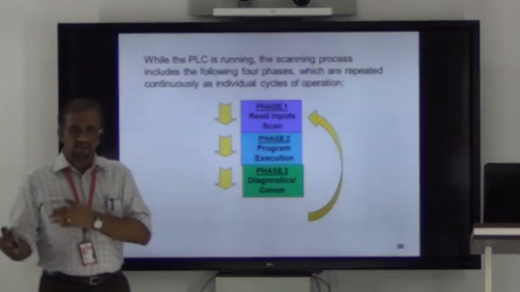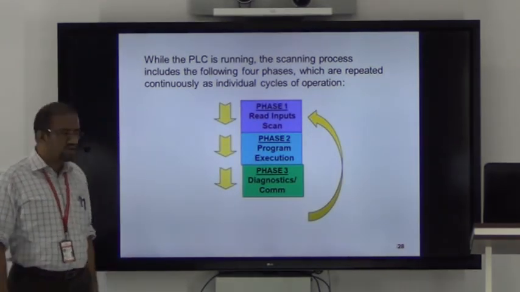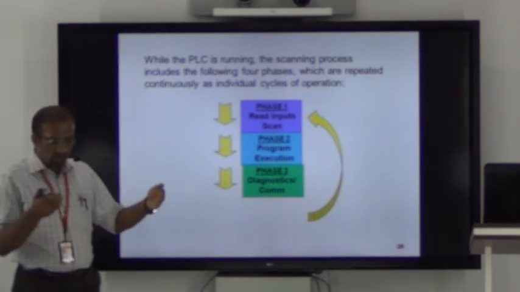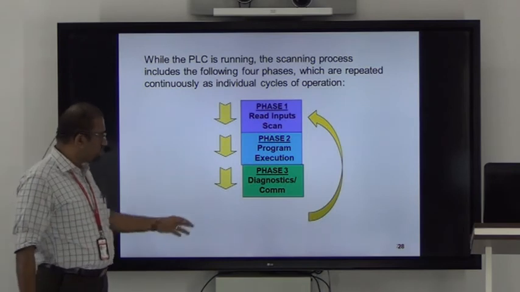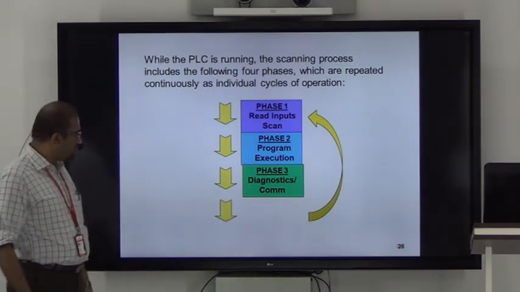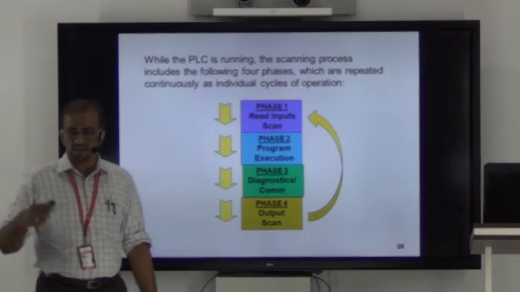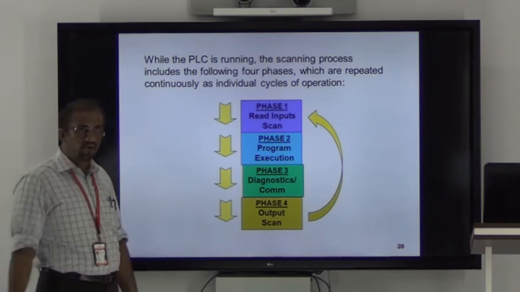If the outputs are not ready, we have to scan the program again. Communication means we have to communicate between the input and the PLC and then from the PLC to the output. That happens in phase 3. In phase 4, you have output scan. That means outputs are scanned and the corresponding outputs are given to the corresponding outputs.